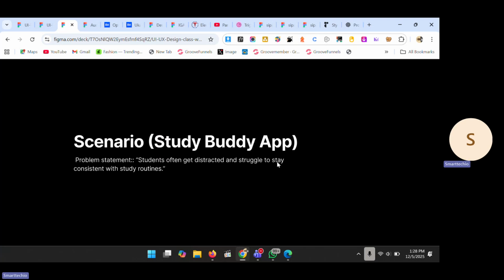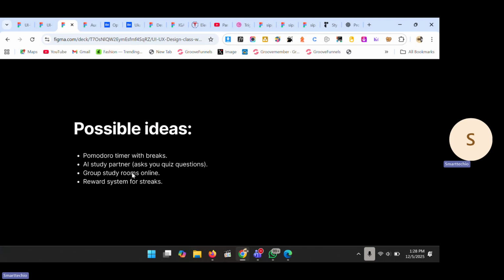So let's put this as a case study, the study app. Problem statement: the student often gets distracted and struggles to stay consistent with study routines. So a possible idea to that is a Pomodoro timer with breaks, whereby you work for like 25 minutes.